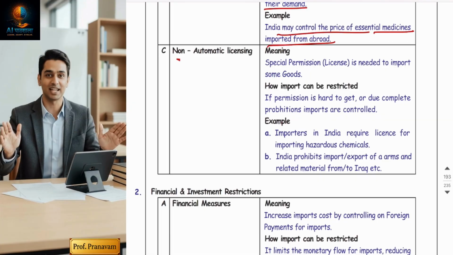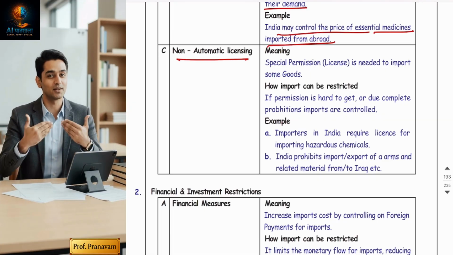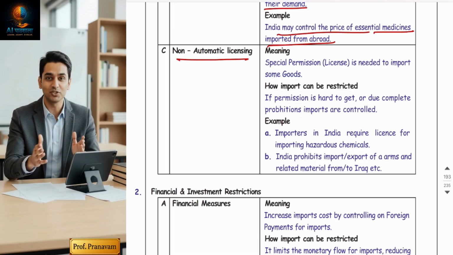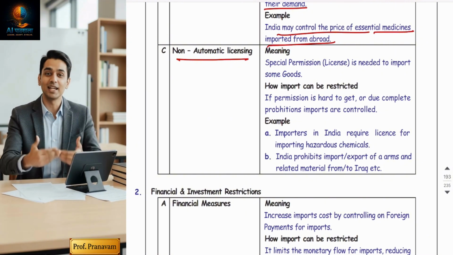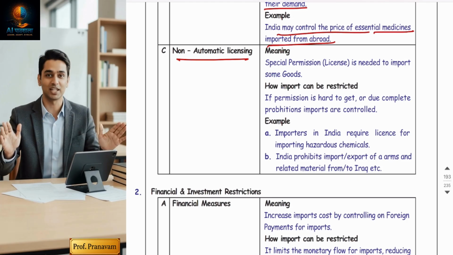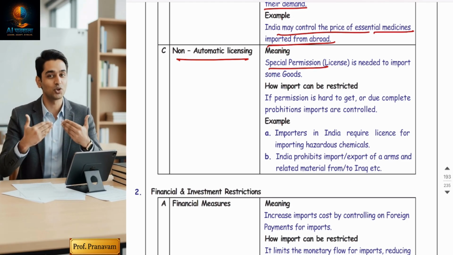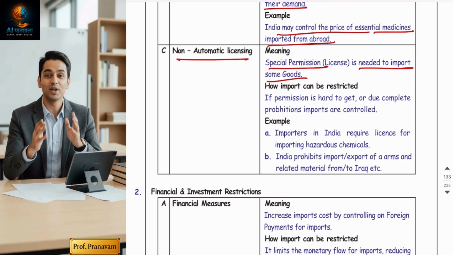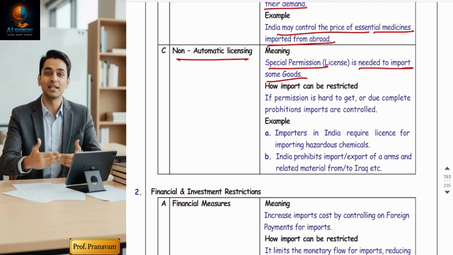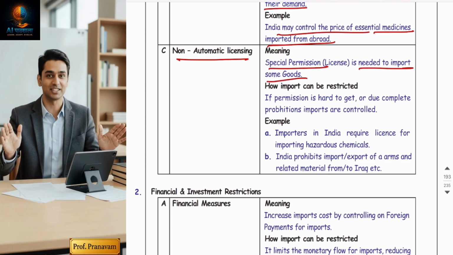Next is non-automatic license. What is non-automatic license over here? Due to license permission, import can be restricted or promoted. Certain goods require special permission to import. There are so many sensitive goods like hazardous chemicals, oil and petrol.